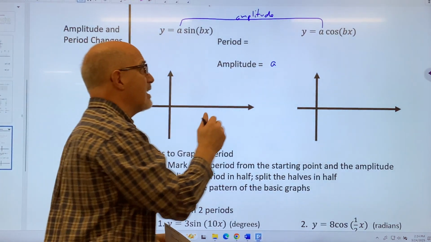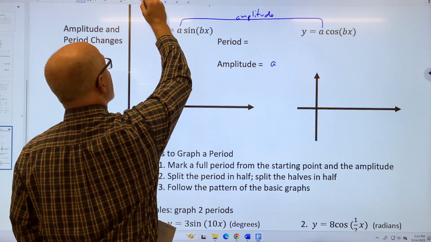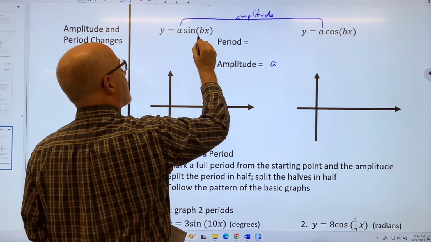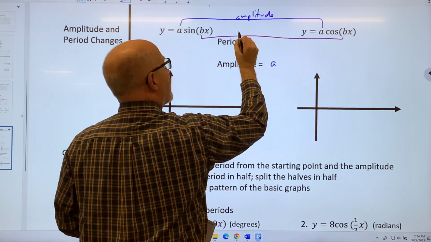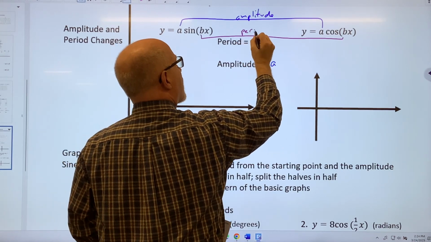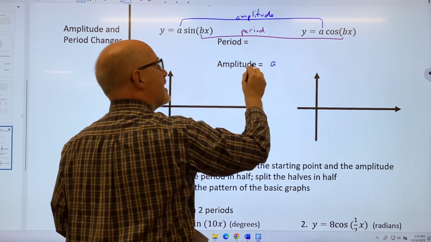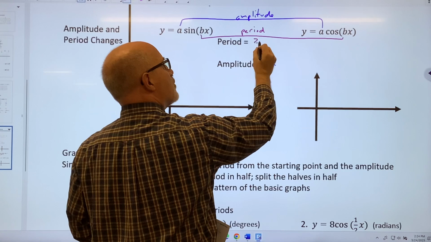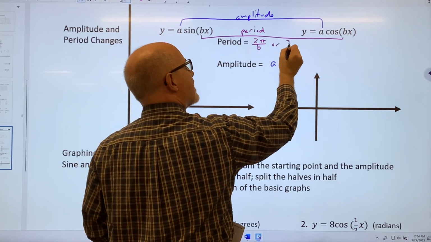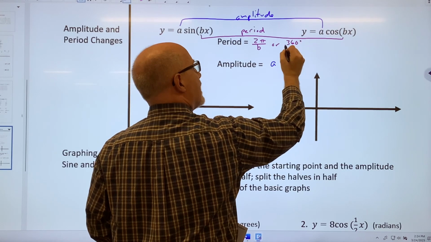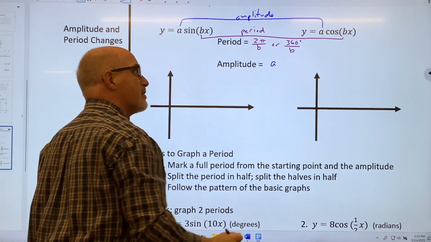Now the period is going to be affected by this middle number, that B. It affects the period, or horizontally stretches it. We're going to take 2 pi over that value B, or 360 over that value B if you're going to do it in degrees.